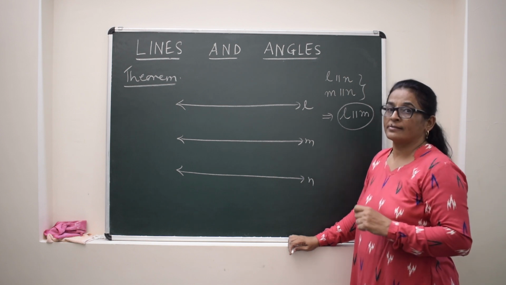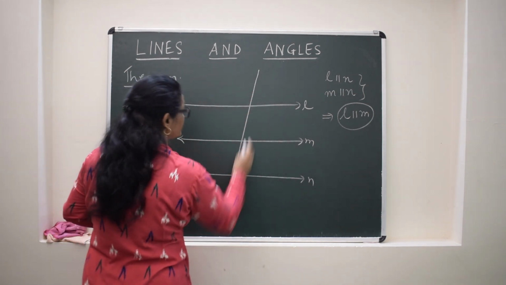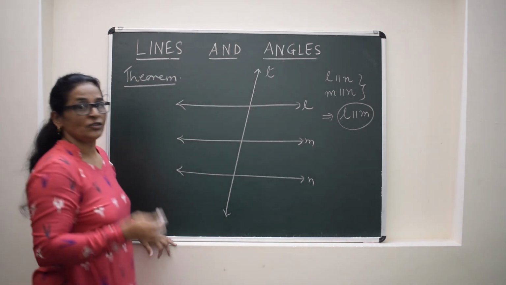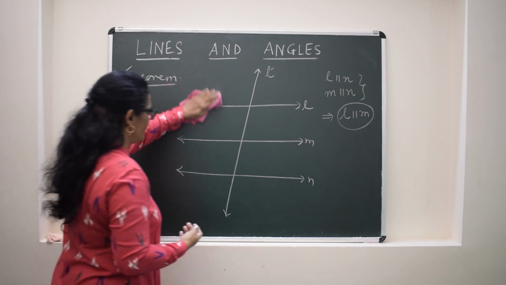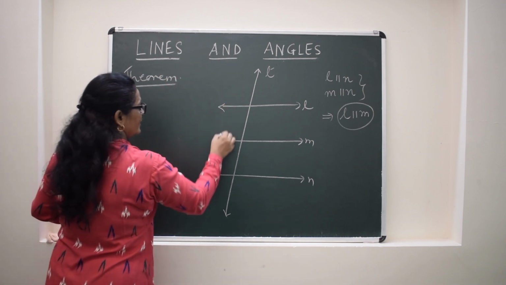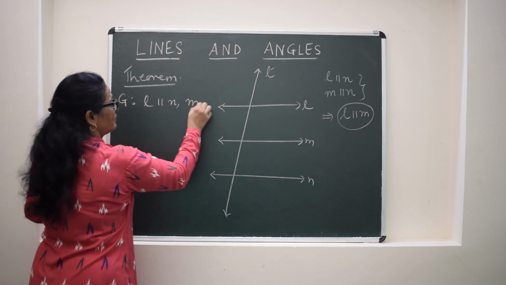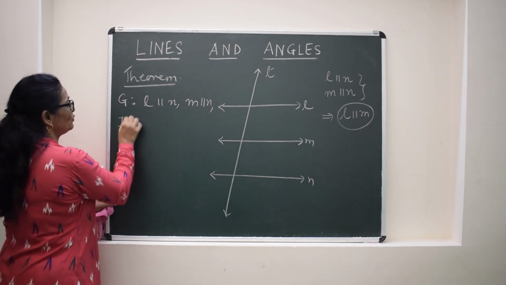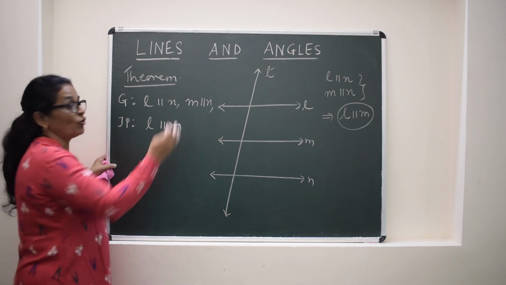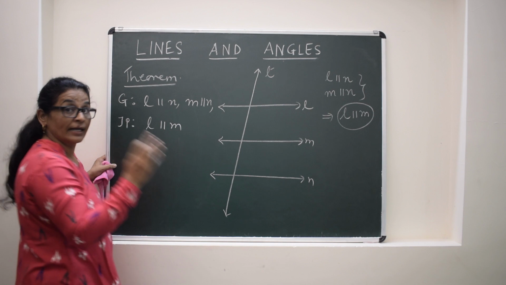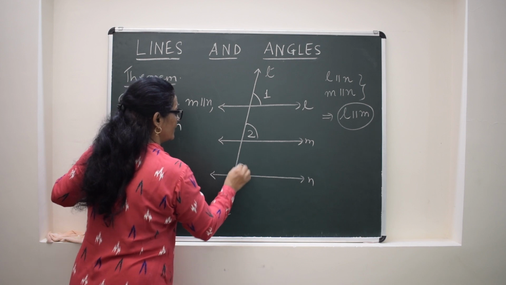For that we will do one construction. That construction is we will draw one transversal. You can simply say T is a transversal which intersects all three lines. Now, given is L parallel to N and M parallel to N. We have to prove L is parallel to M. Now there are some angles formed by this transversal on all three lines, so we will name them angle 1, angle 2 and angle 3.